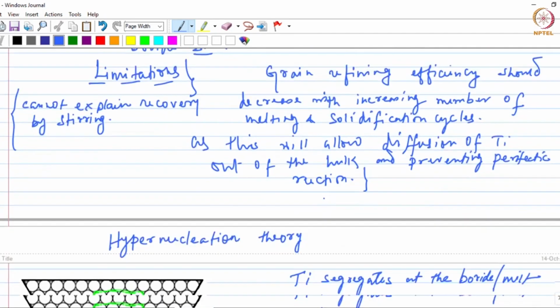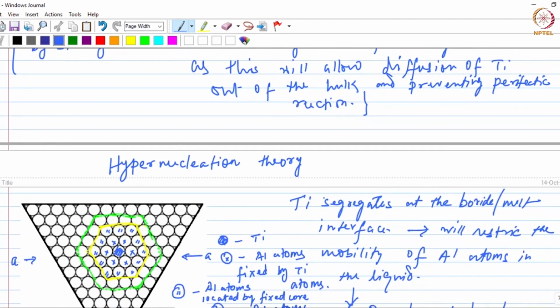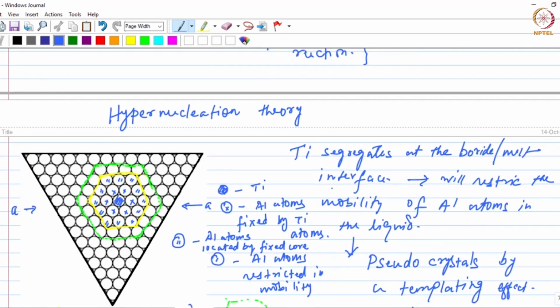And then finally we talked about the hypernucleation theory, which says that elements like titanium can segregate at the boride melt interface, and due to that the mobility of the aluminium atoms around these segregated titanium atoms will be restricted in the liquid, and as a result of that these atoms will tend to take up a structure which is very similar to the structure of solid aluminium.